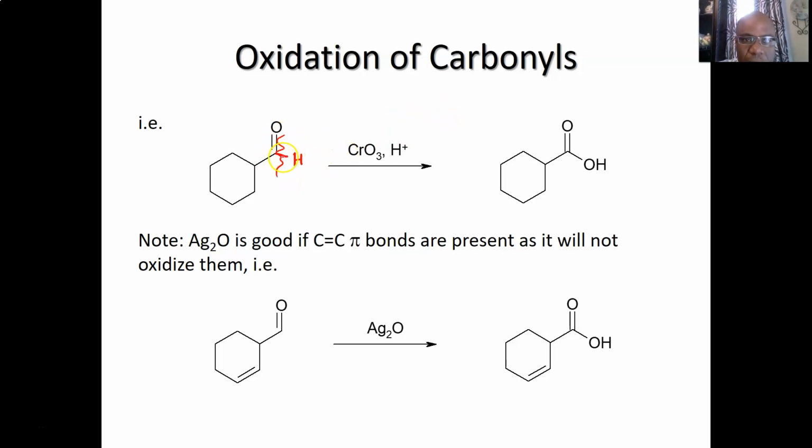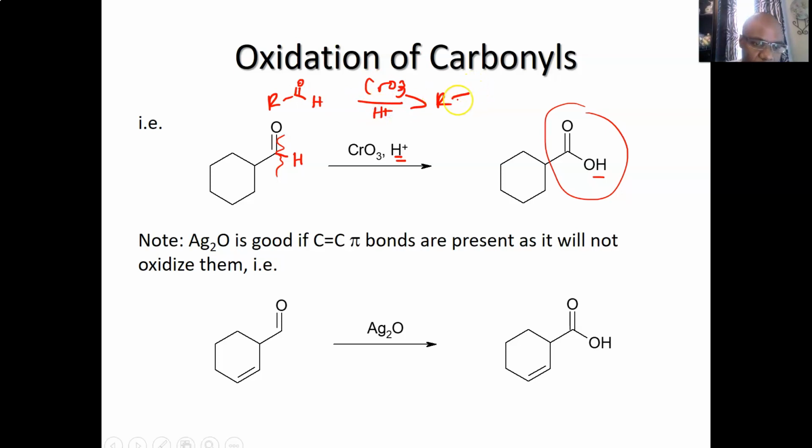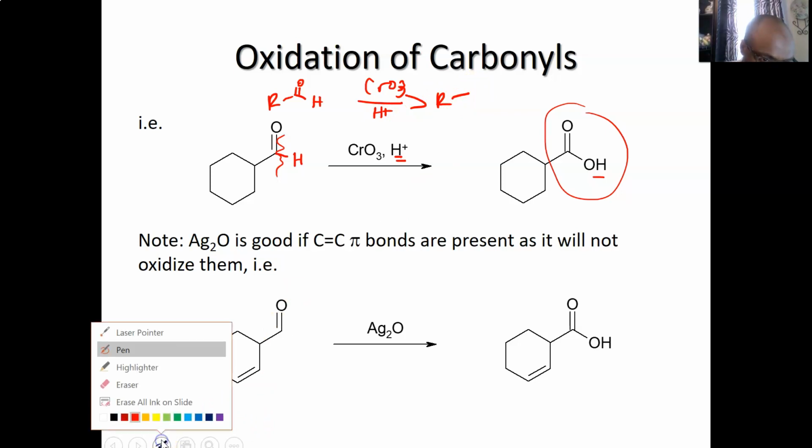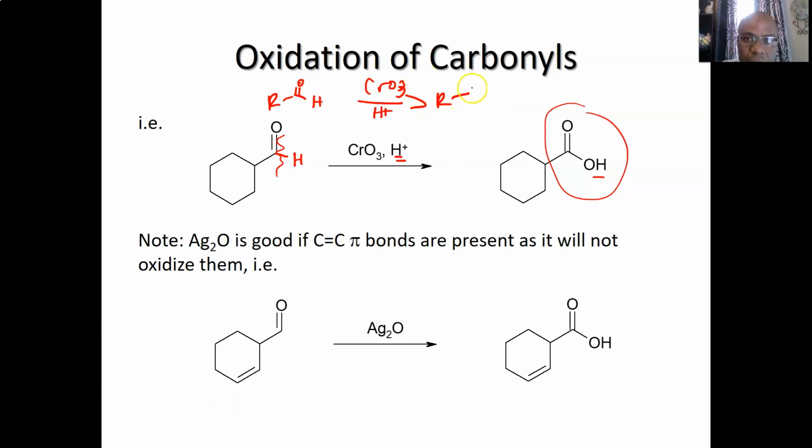You're going to put an oxygen on there, and then the acid will bring it back. You get a carboxylic acid. So in general, if you have an aldehyde and you have the Jones reagent, chromic oxide, you're going to end up with a carboxylic acid. So the carbonyl compound is changed to a carboxylic acid. That's the difference.